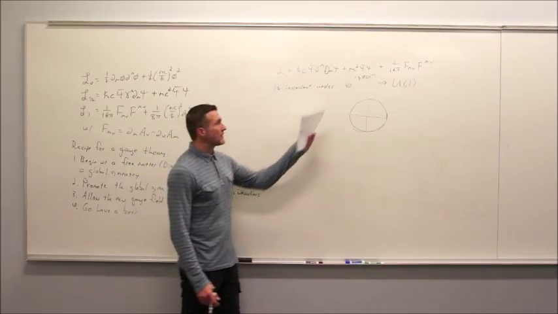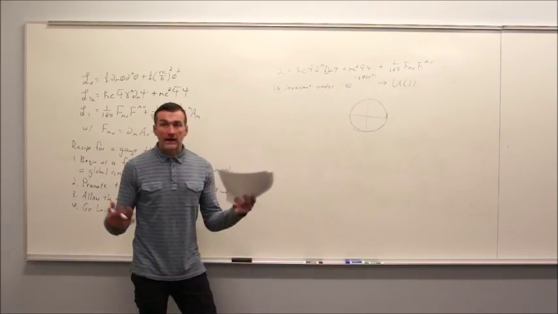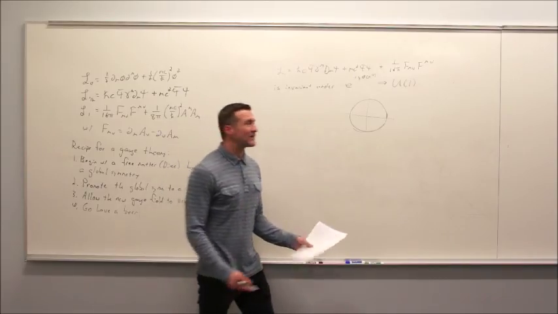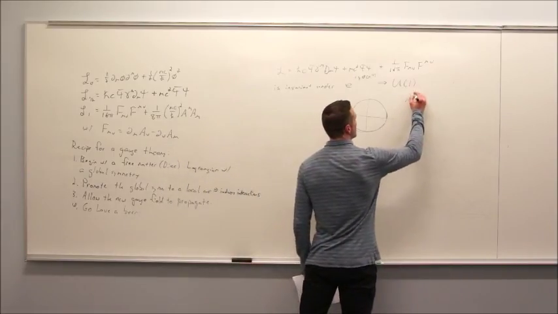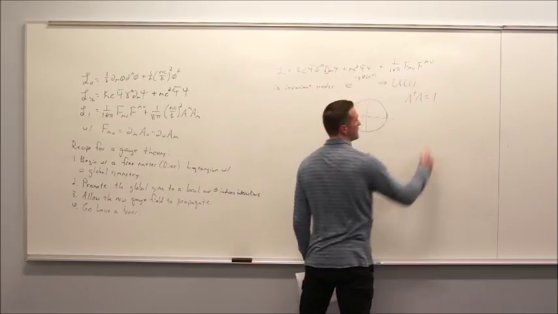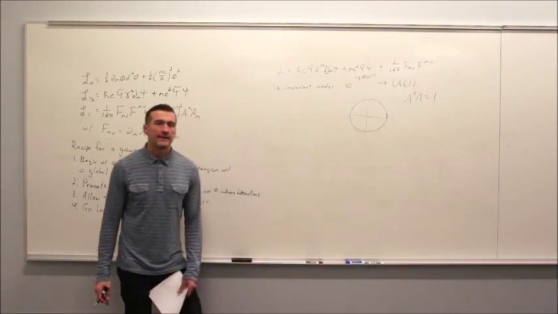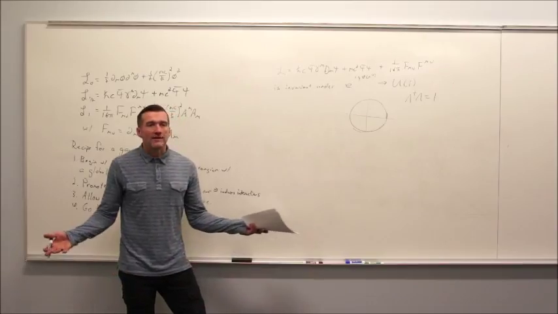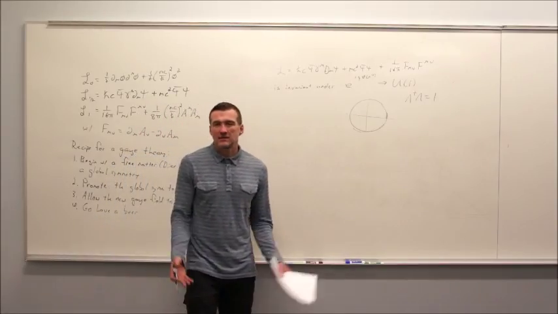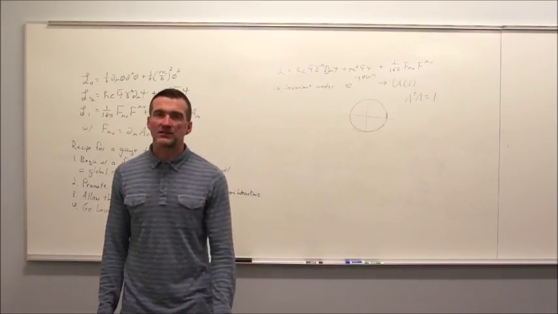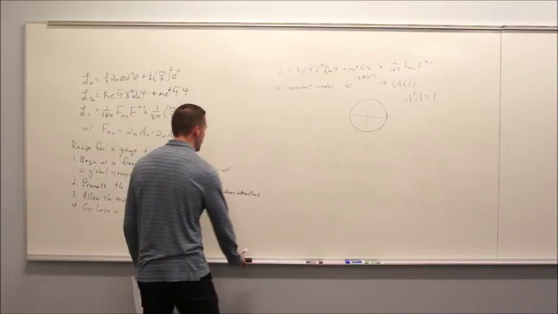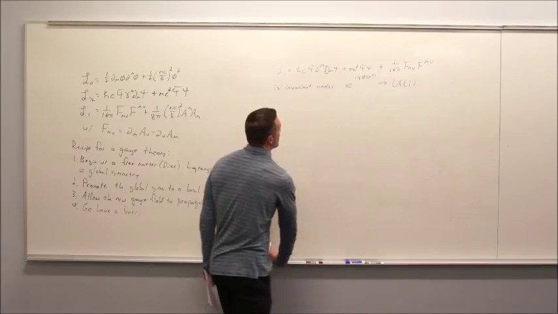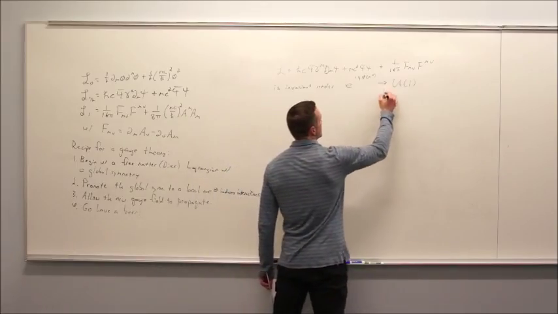Because if you think about it, a matrix of that form, or a one-dimensional complex matrix of that form, satisfies the unitary property trivially. Okay? And of course it's U1, it has a one-dimensional matrix representation, a complex number. So what we've discovered is that this theory is really a theory of local U1 invariance.